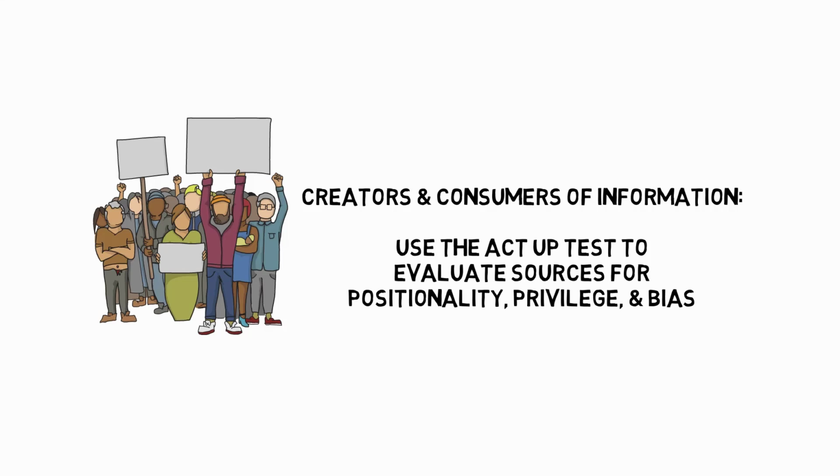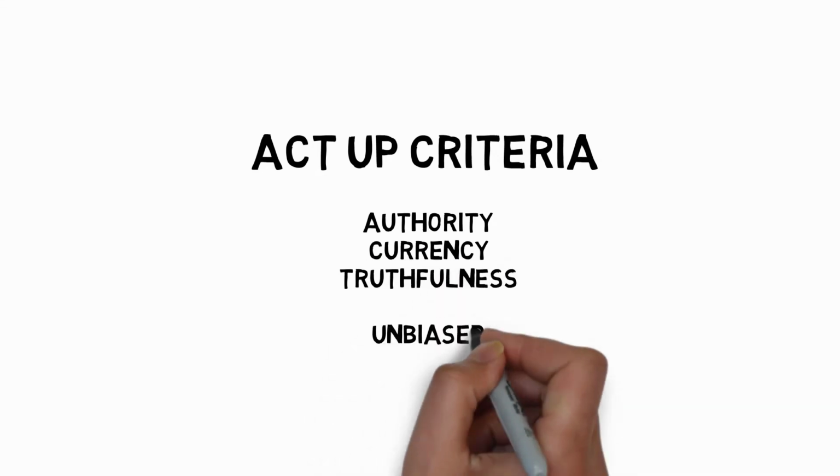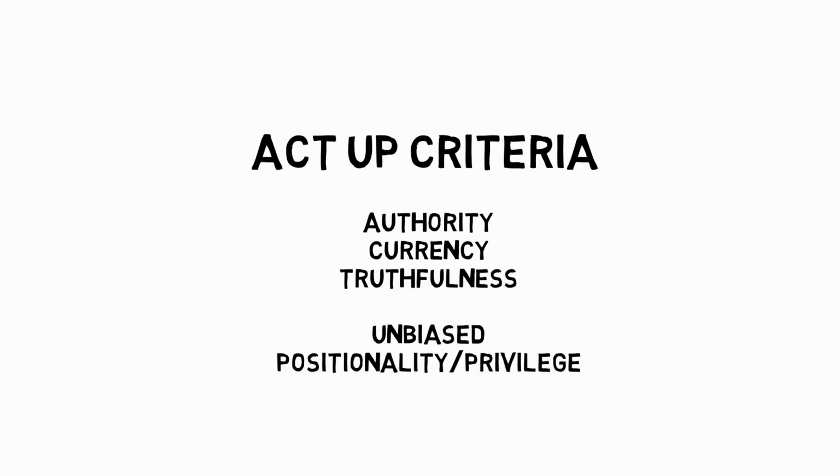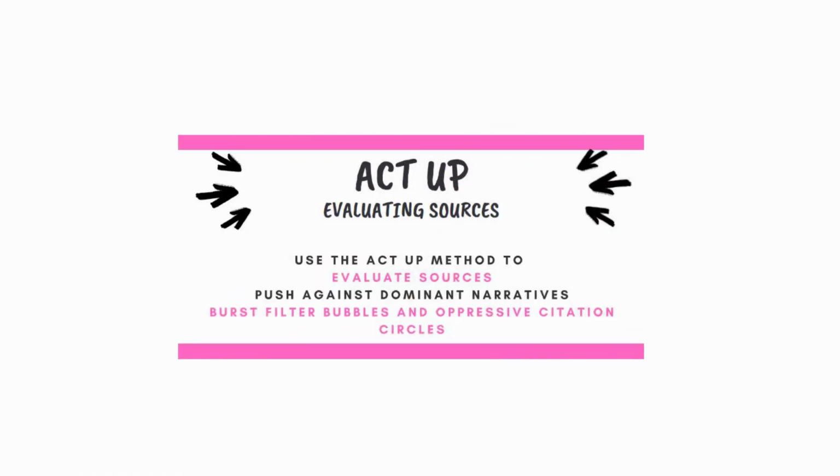And as consumers of information, that we think critically about the sources that we choose and cite in our projects, as well as those that we repost, retweet, or share with our friends, followers, and other users. By applying the criteria of authority, currency, truthfulness, unbiased, and positionality and privilege, we can ensure that bias and filters are more visible and therefore can be acknowledged and discussed.